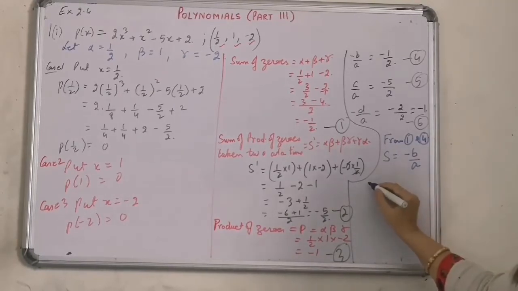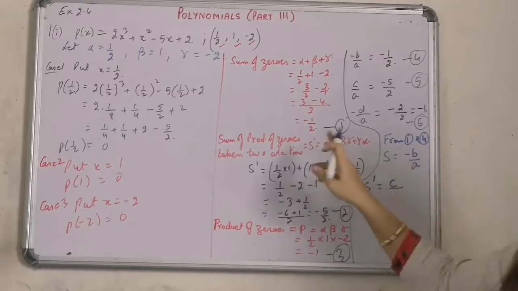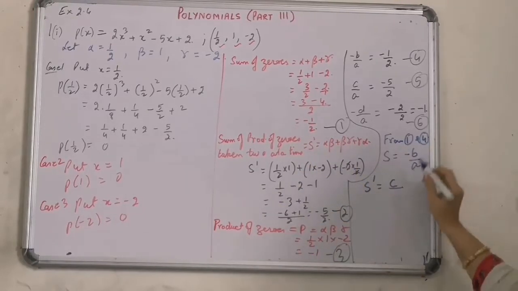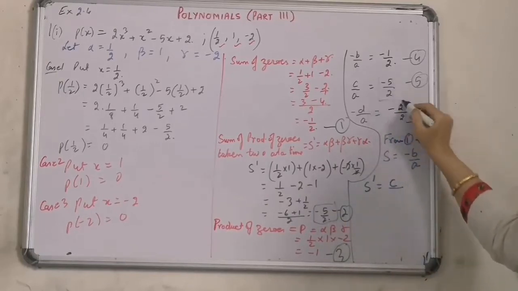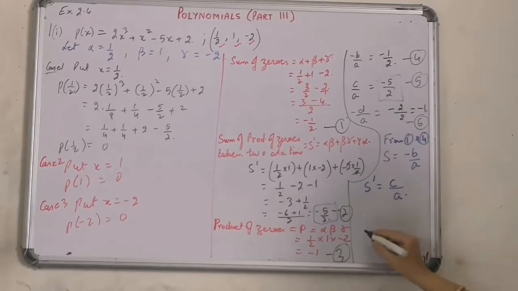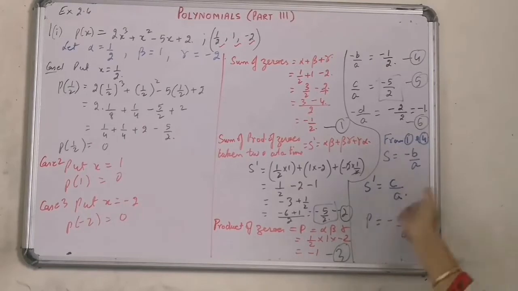The sum of the product of zeros taken 2 at a time is equal to c upon a. Both of them are minus 5 by 2 and minus 5 by 2. And last of all, the product of zeros is minus d upon a. So this is how we have verified the results that we had written before this step. Please take this down.